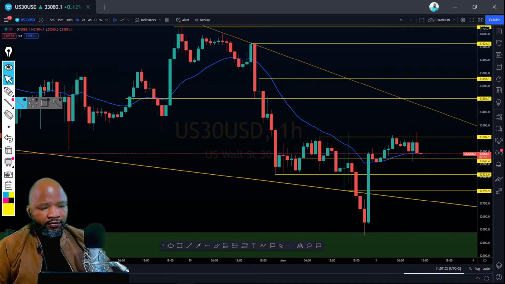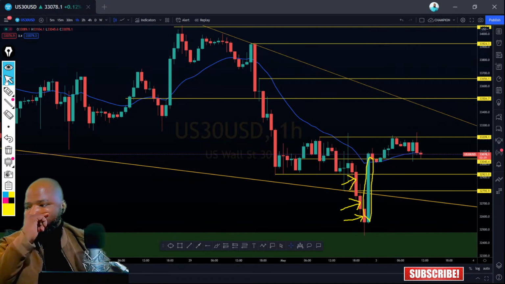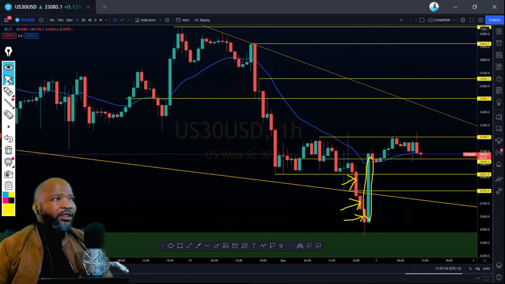It's an engulfing candlestick, but I'm looking for the meaning of these three candlesticks that are engulfed by this one bullish candlestick. At the moment it's just saying engulfing candlestick.